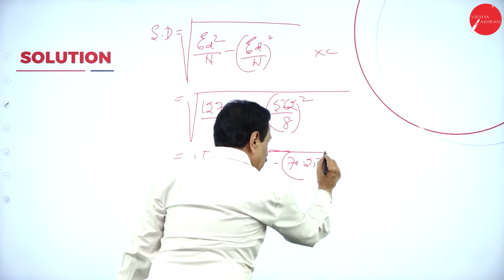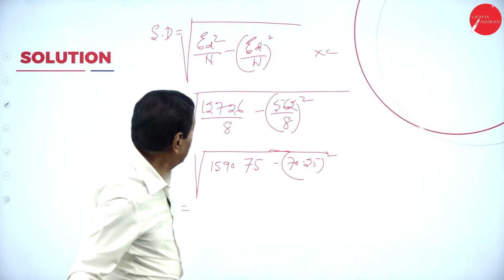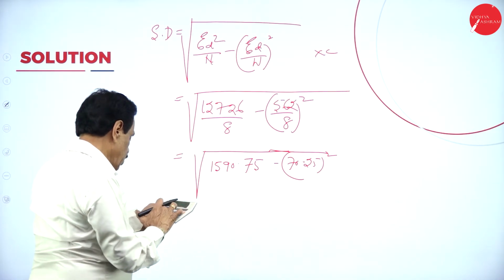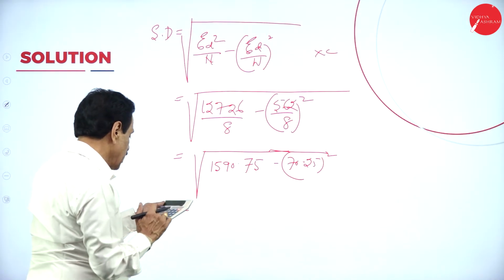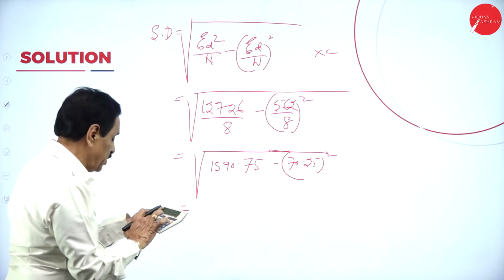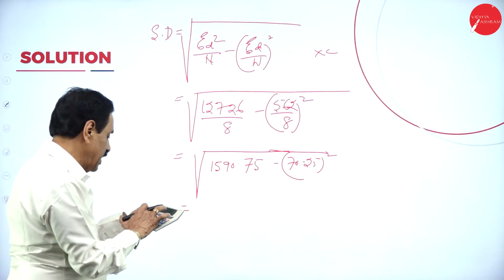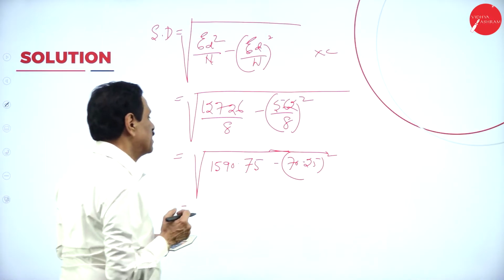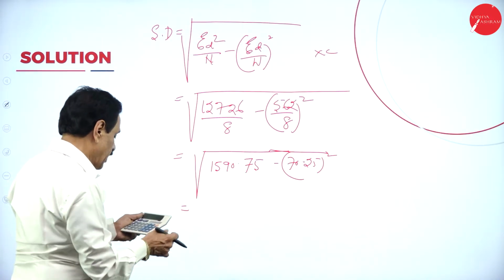I will check this number once again. 12,726 divided by 8, 1,590.75. 562 divided by 8, 70.25.